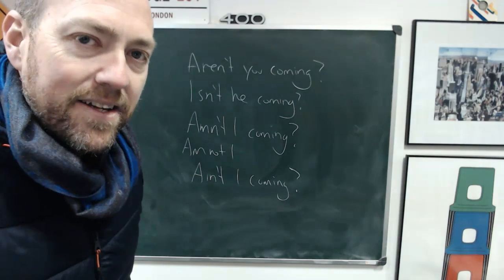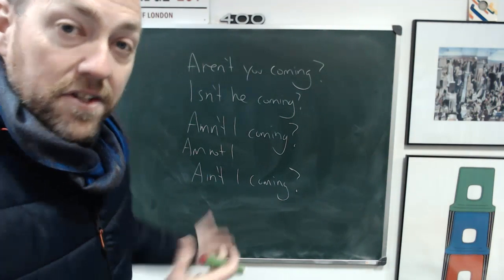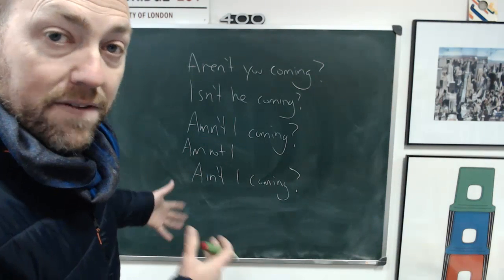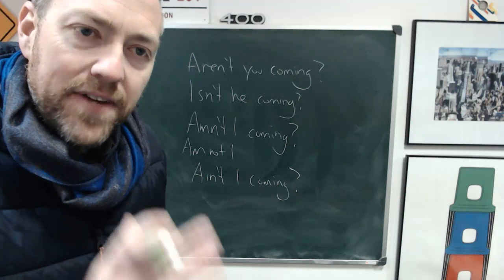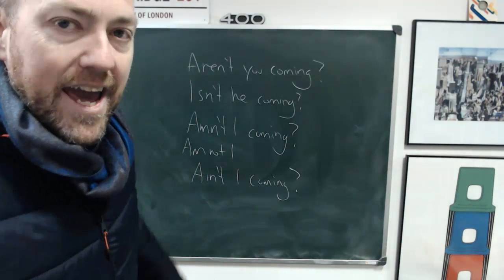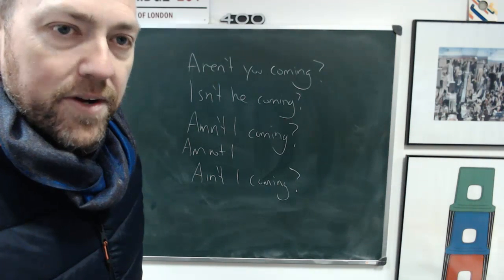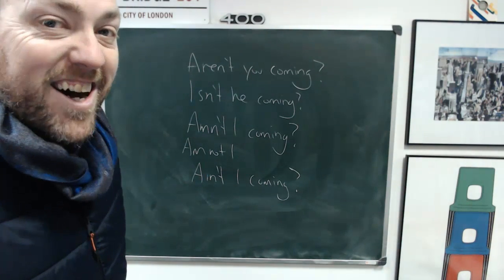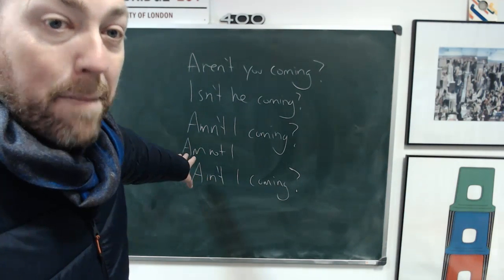Ain't I coming? Now, as I said, this is for conversation and for informal English, but a lot of native English speakers would say ain't, especially in North American English. Ain't I?